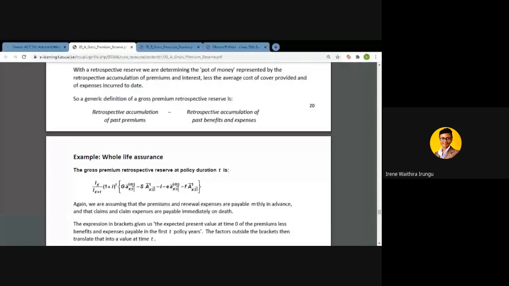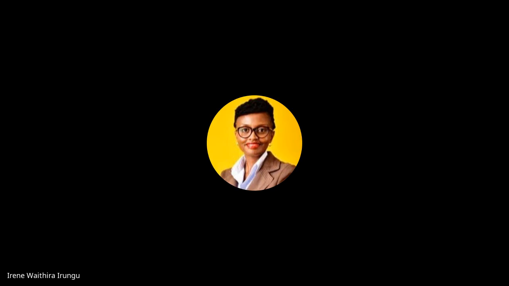So that is the accumulation factor divided by the probability of survival, and inside the bracket, what do we have? We have the mean present value or the expected present value of the premiums less the expected present value of the benefits and all other expenses.